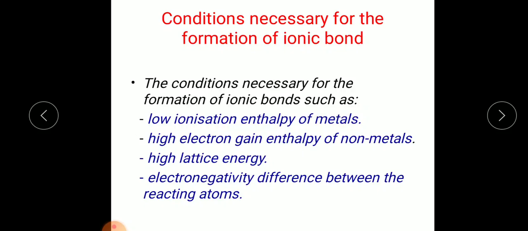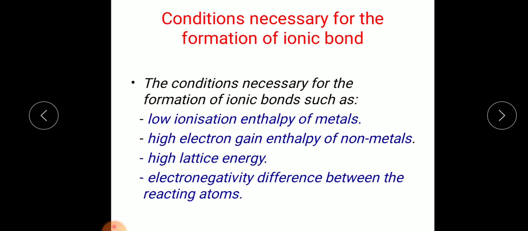The second condition is that non-metals must have high electron gain enthalpy. That means the non-metals should have very high electron affinity, the power to draw the electron towards itself, we can say. Next, it must have high lattice energy.